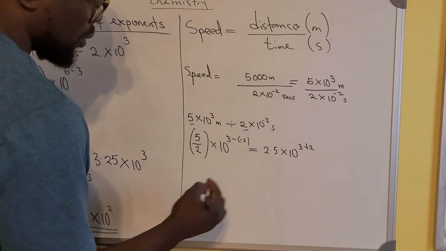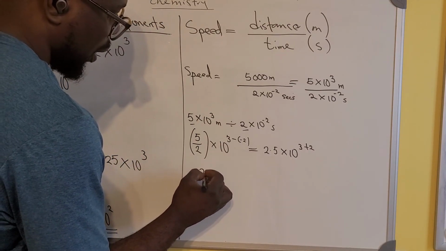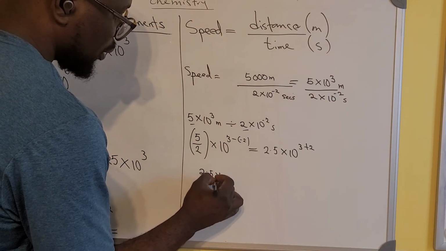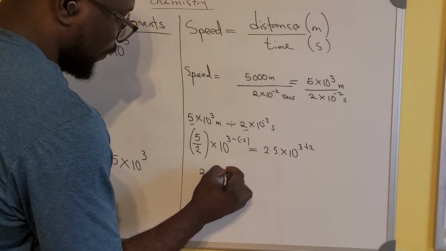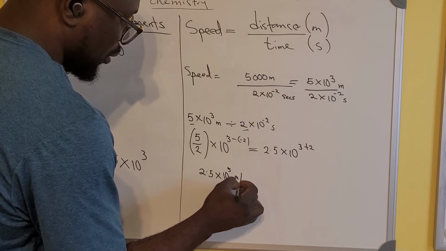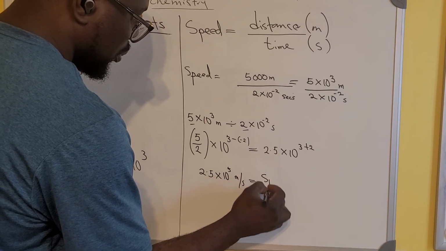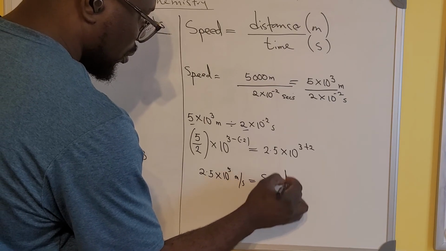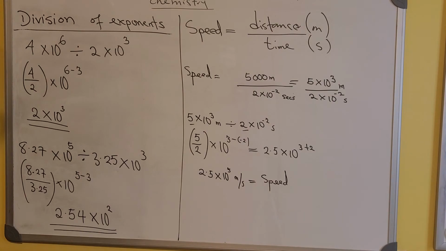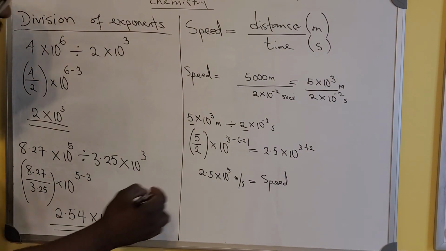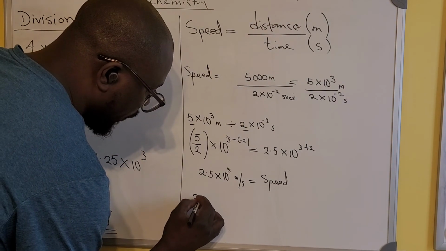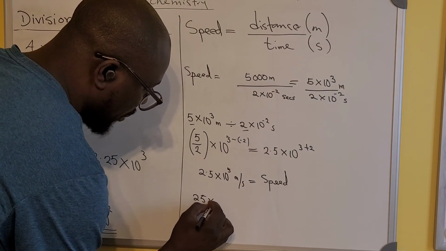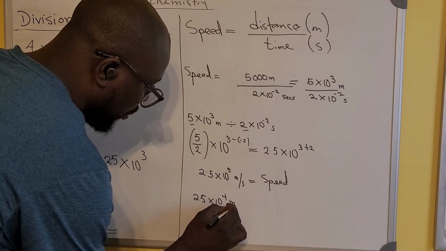Okay? So your answer is going to be 2.5 times 10 to the power 5 meters per second. And that's the speed. So that means this bullet is traveling at 25 times 10 to the power 4 meters per second.